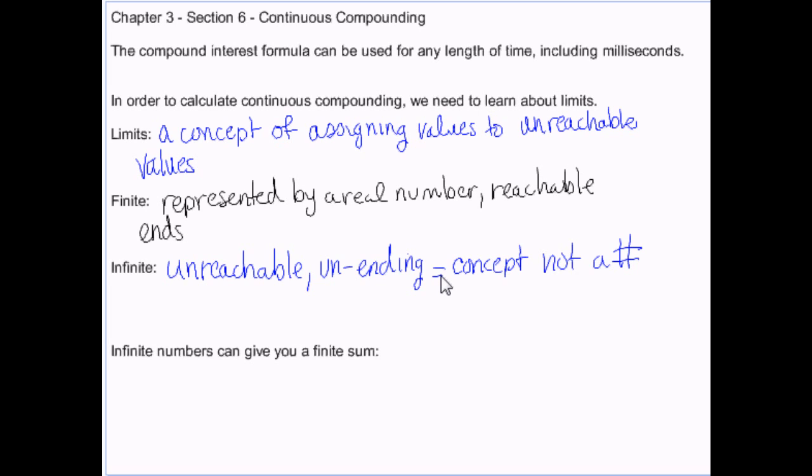Okay. So when you talk about infinity, and people say, oh, it's infinity. Infinity is not a number. It's an idea. Because as long as you can think of a number, you can always add one to it. You think of the biggest number you can think of, add one to that. Then add one to that, and add one, and add one.